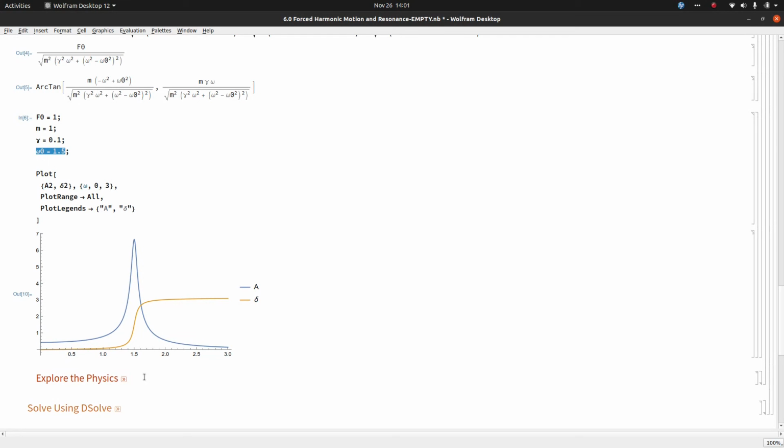If your driving frequency is too large, you're pushing too frequently, then you're 180 degrees out of phase. So every time you're pushing in the opposite direction of the amplitude. Just something to pay attention to as you're exploring the physics of this.